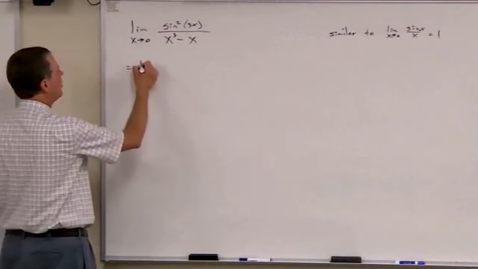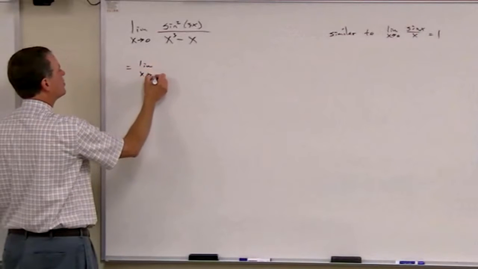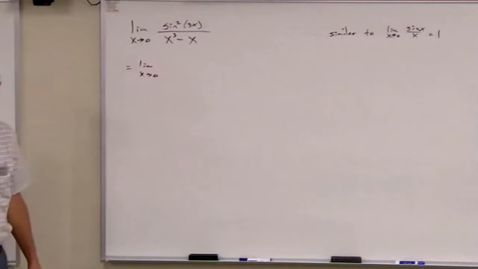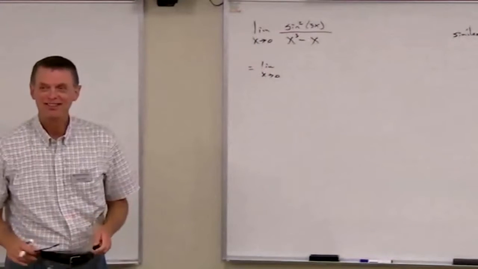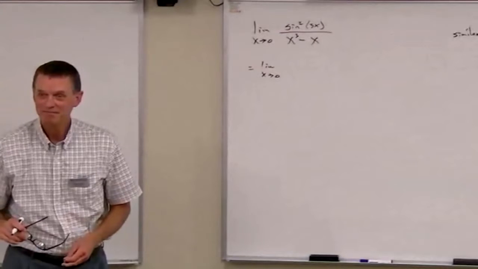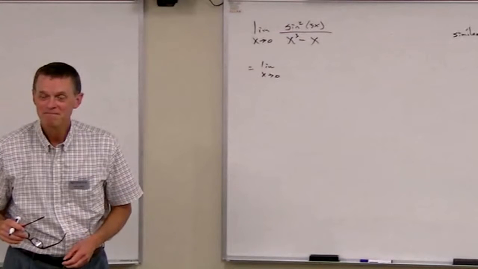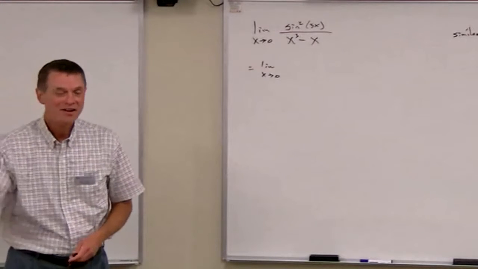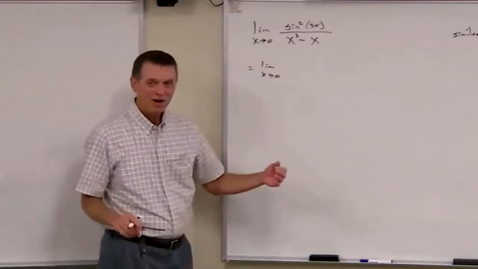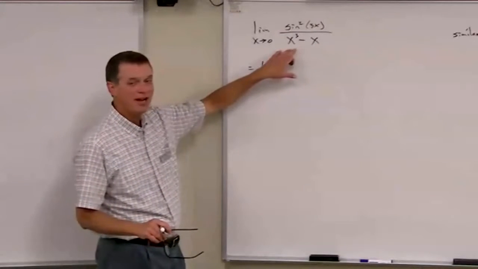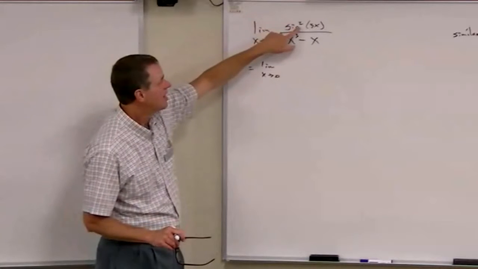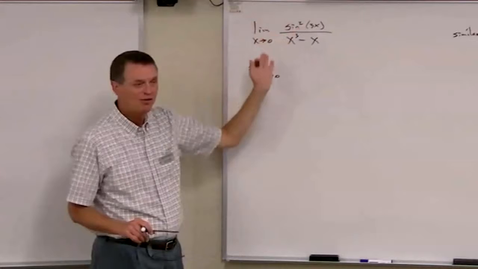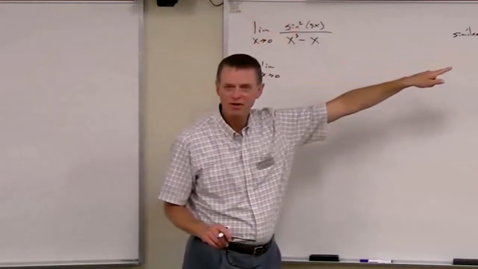Okay, so how can I do that? Any suggestions? Here's my first hint. You have a suggestion? Go ahead, Joe. Yeah, exactly. I want to factor an x squared out of the denominator. Why? Well, because I got a sine squared. That way I can have the square of that thing over there, in a sense.